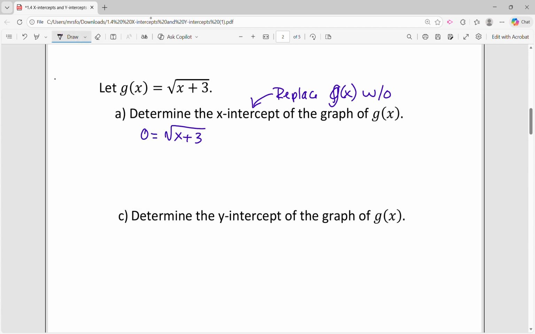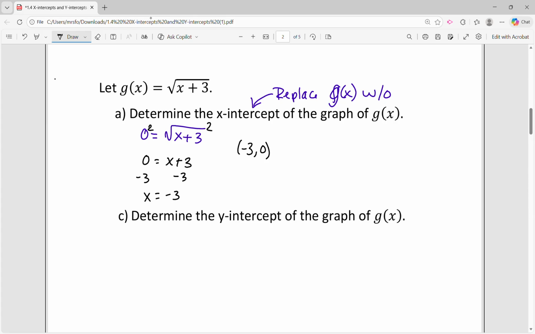And then we solve. So to get rid of a square root, the opposite of taking a square root is squaring. So 0 squared is 0, and that leaves me with x plus 3. We solve and we get x equals -3.